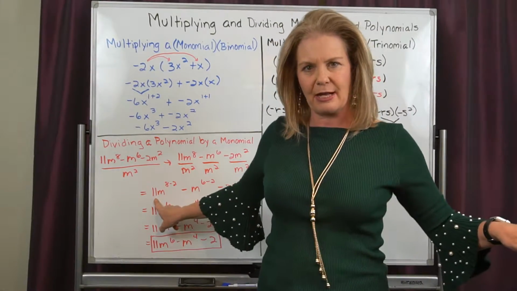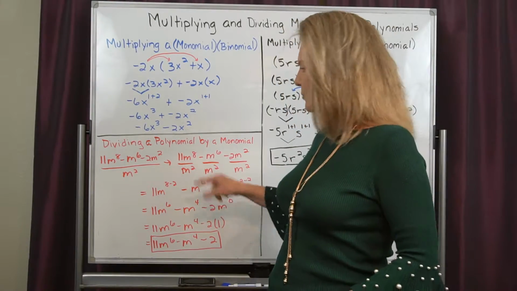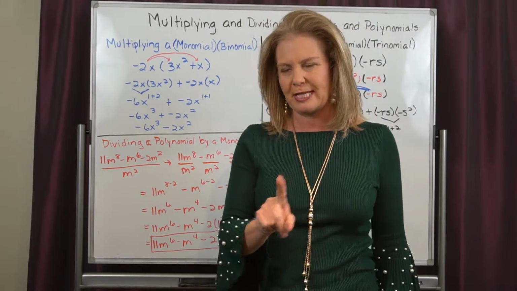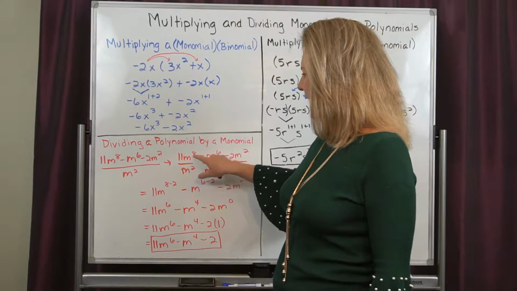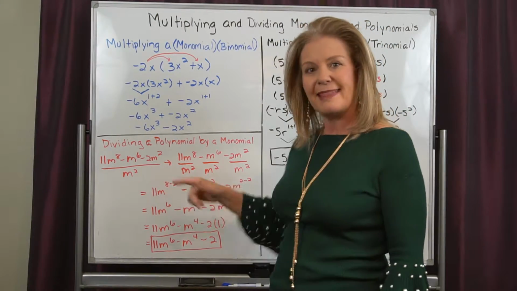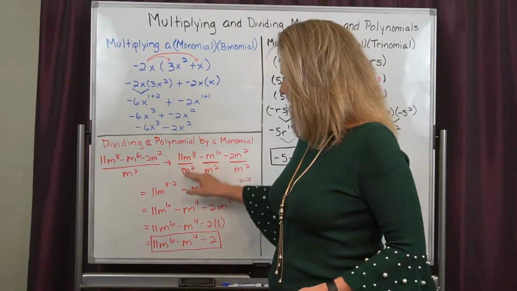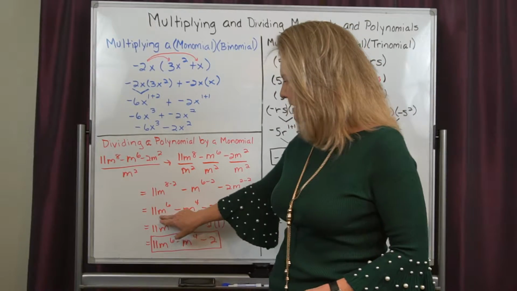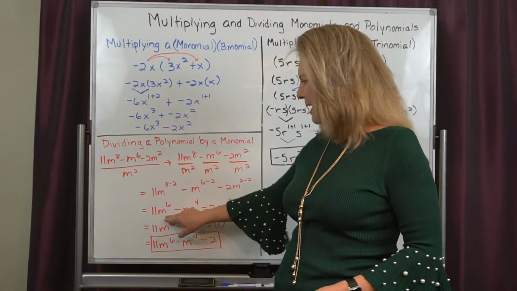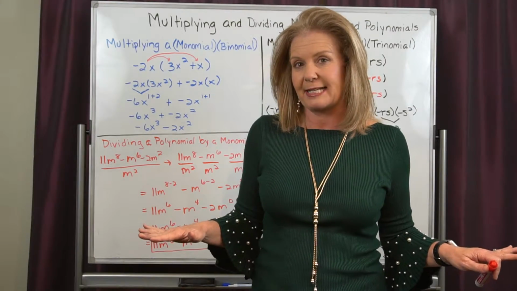That stays by itself. Now, when we divide variables that have exponents, remember we subtract those exponents. So this becomes m to the 8th power minus 2. That's where I'm getting my 8 minus 2. So in the end, if I actually combine those as my division, I get 11m to the 6th power. Notice now we don't have a division sign anymore.